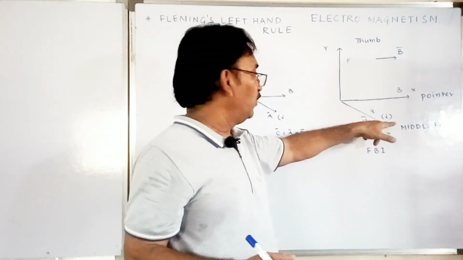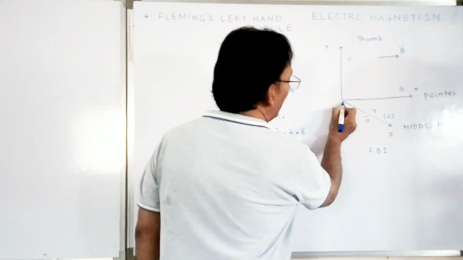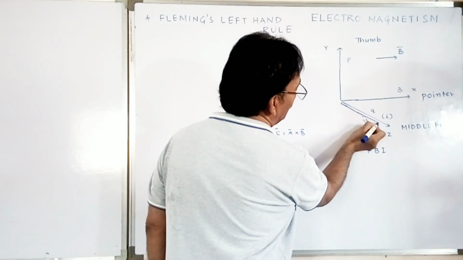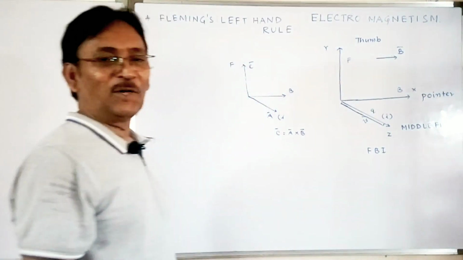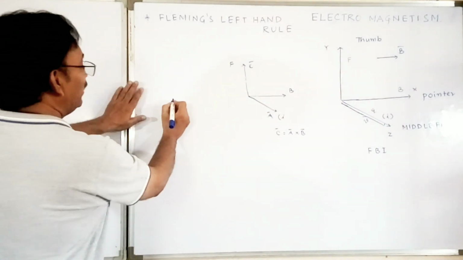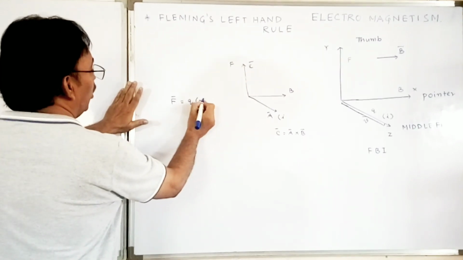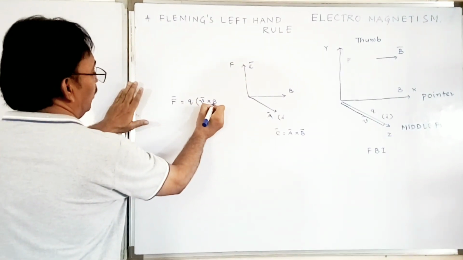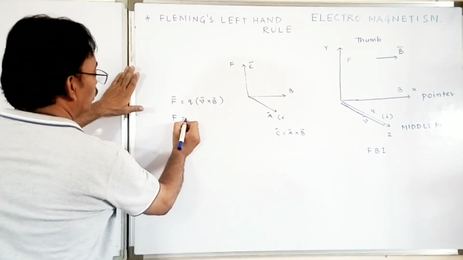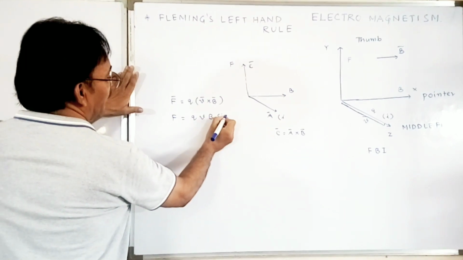Instead of this charge, if you keep a conductor in the field, we will get the same results. Imagine a conductor is kept like this, and we have to find the force experienced by the conductor. Already we learned that F bar is equal to Q of V bar cross B bar. It's the Lorentz force, and the magnitude is F is equal to QVB sine theta.